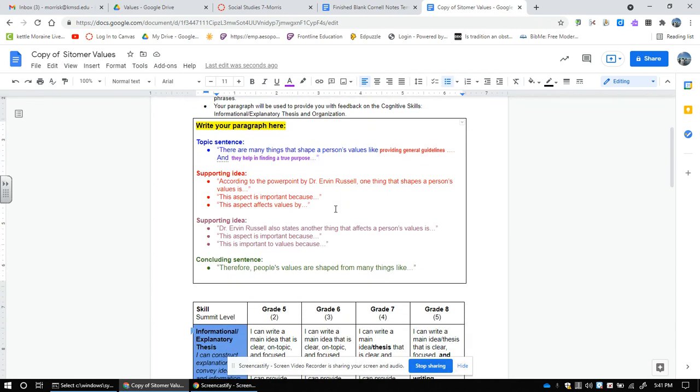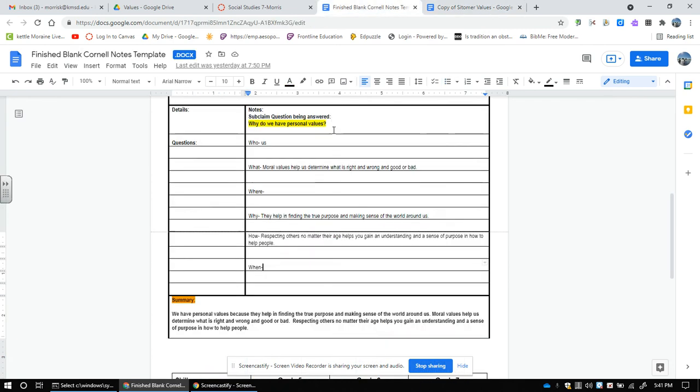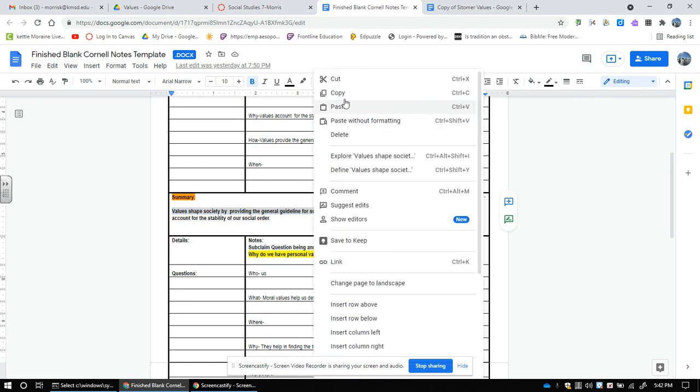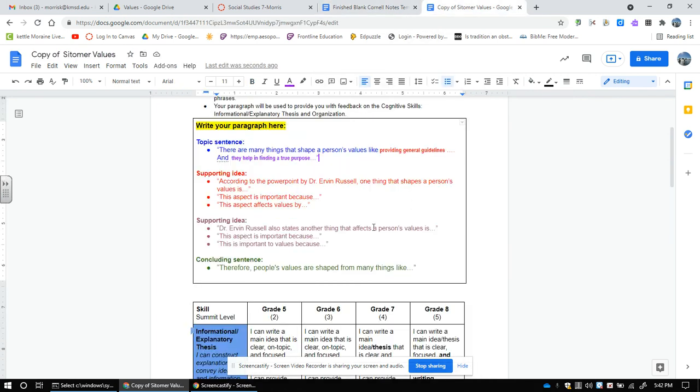Now the next part is just literally cutting and pasting what we have in our notes. We have 3 red sentences here. According to the PowerPoint by Dr. Irvin Russell, one thing that shapes a person's values is, this is the easy part. I go back up here to my first summary, and I cut this sentence right here, copy, and I paste it in.